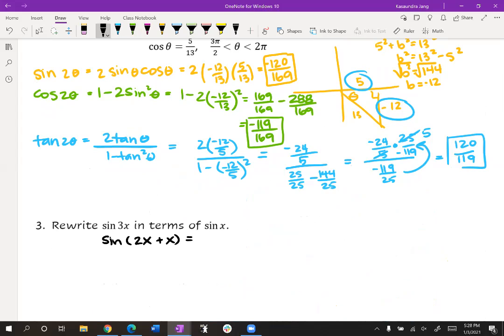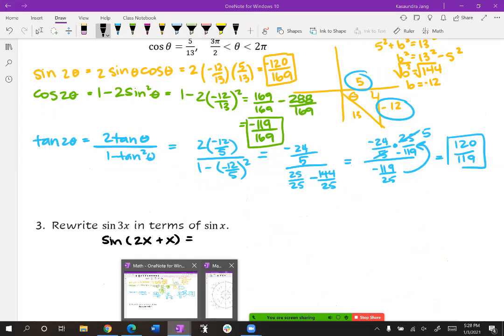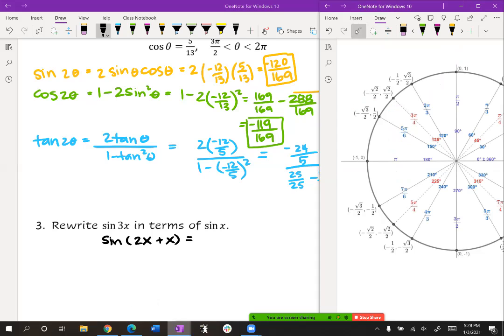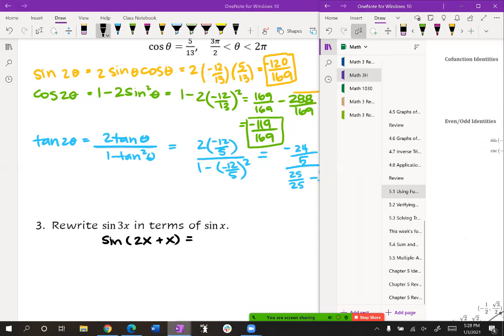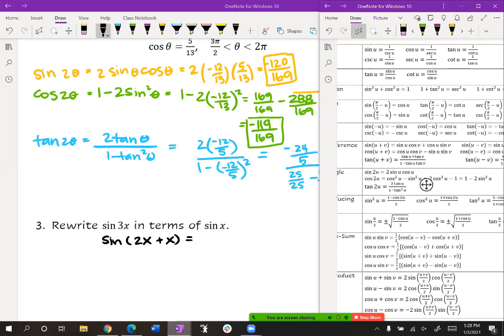All right, so we're going to have to reach out to another identity that we used. Let me pull up my other identities. All right, so here's our identity sheet here.